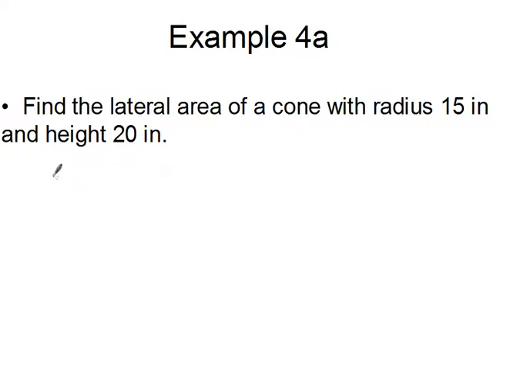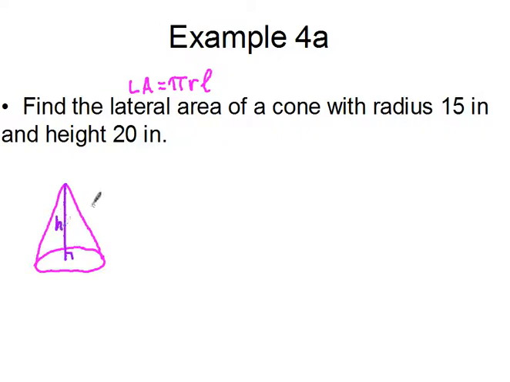Alright, they want just the lateral area. Lateral area of a cone is pi RL. It says a radius of 15 and a height of 20. Now that makes a huge difference. So let's say we drew a cone. Never mind my art skills. This is the height.